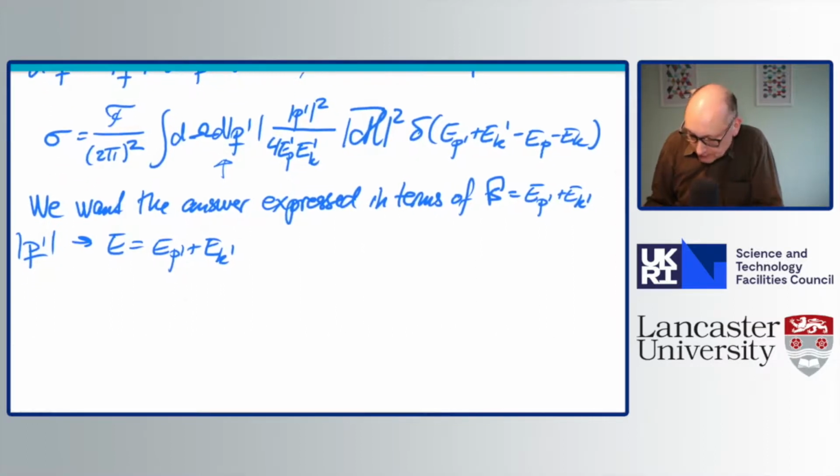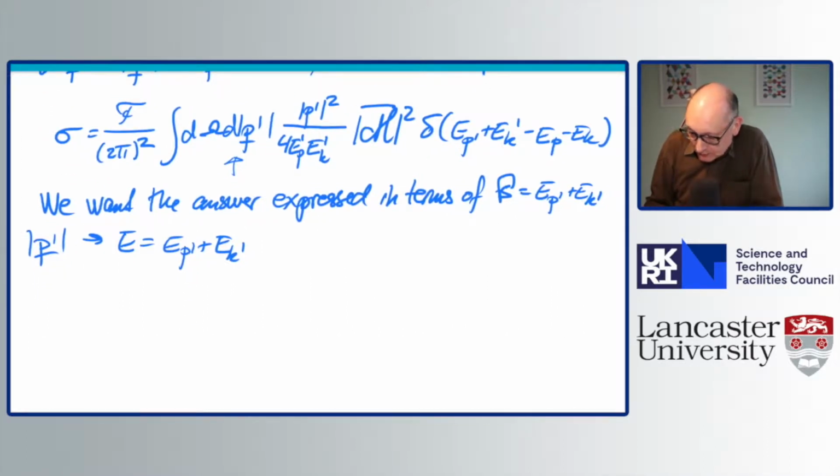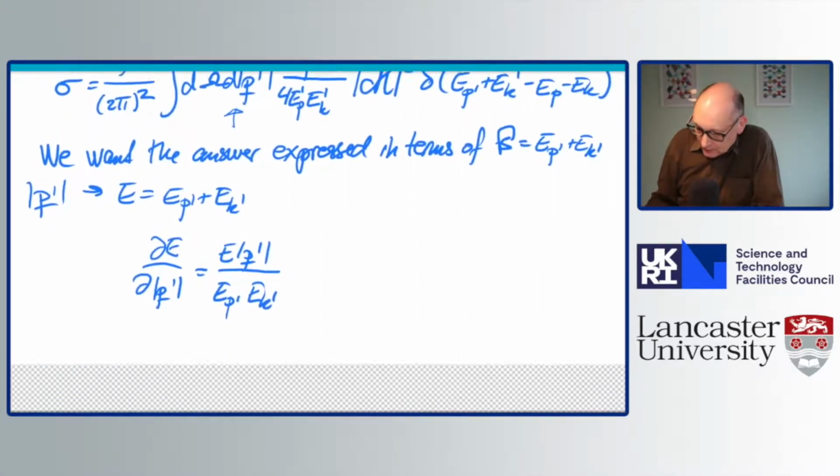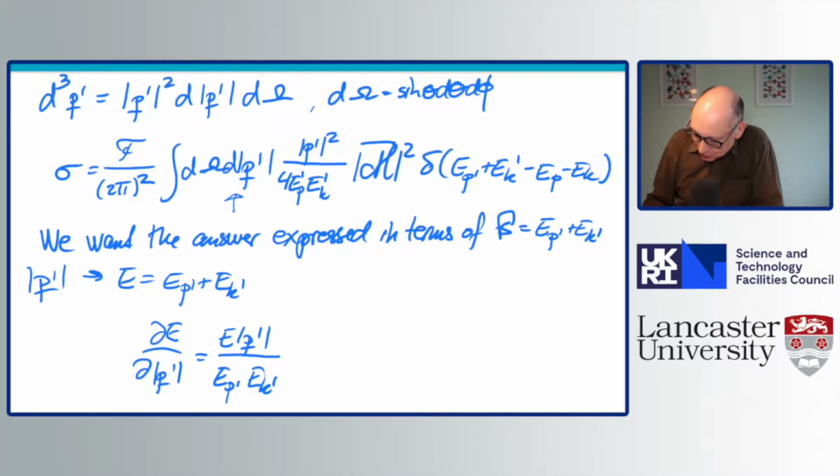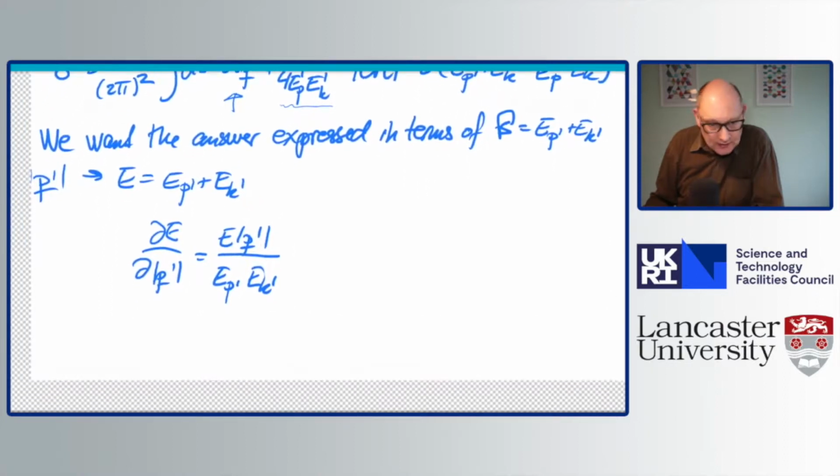Now the Jacobian for that energy transformation, remembering that if we change P prime, then necessarily K prime is also changed, is dE over dP prime equal to E_P' E_K' over E times P prime. Like so.